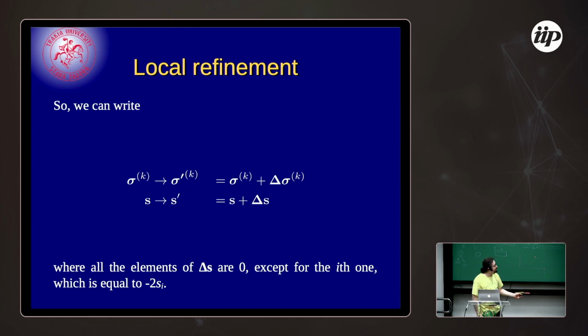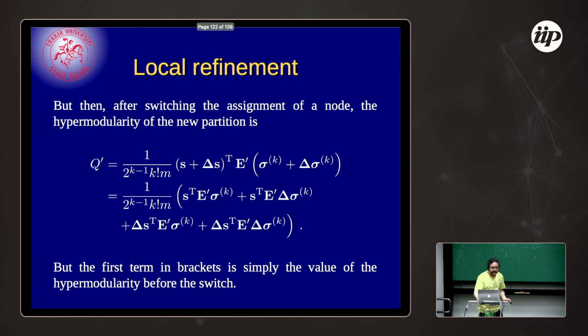S goes to S prime, that is S plus delta S, and sigma goes to sigma prime, that equals sigma plus delta sigma. Now, delta S is 0 everywhere except its ith element, which is -2 times the original value of the spin-like variable, because it has to go from -1 to +1 or vice versa.